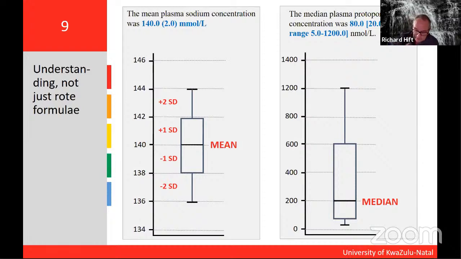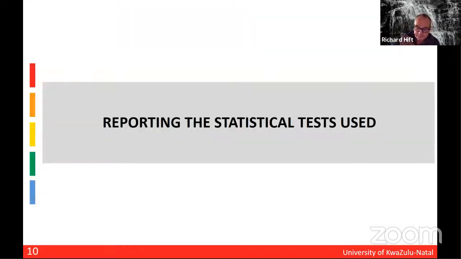The box outlines the first and third quartiles, 25th and 75th percentiles, hence the word interquartile range. And the range maps out the minimum value and the maximum value. So once again, if you don't even have a clear idea of what that is, then you can hardly talk to people about how you're quoting results in terms of medians and interquartile ranges.